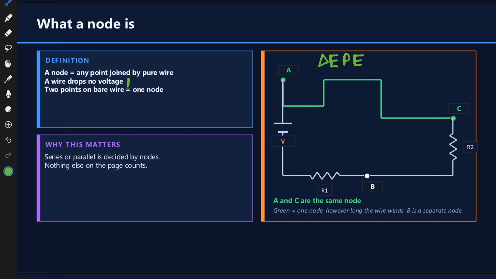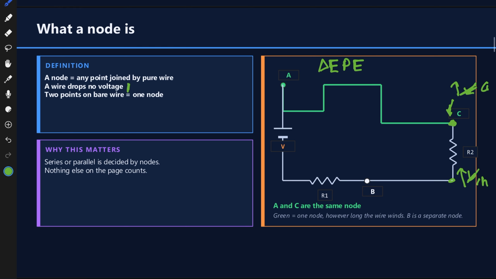And if it travels through a resistor, this point will have more voltage than this point, or more charge than this point. And subsequently we can measure change in voltage from there. So I explained that better in my 7.2 video.